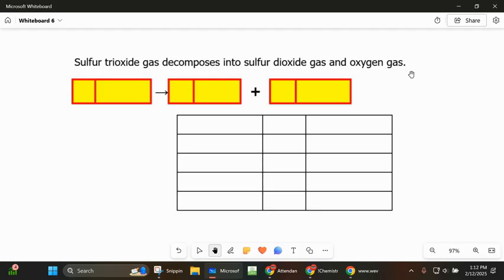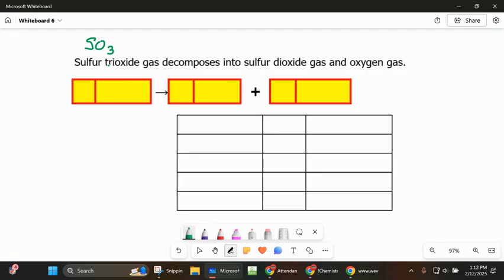So, sulfur trioxide. What is the formula for sulfur trioxide, Ethan? Okay, are you sure on that? Okay, did we have to do anything with charges?